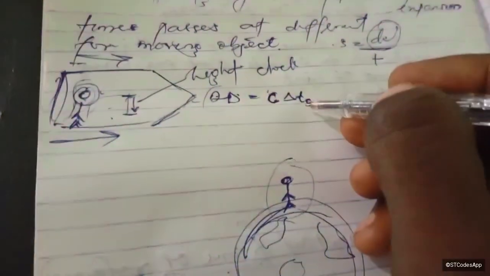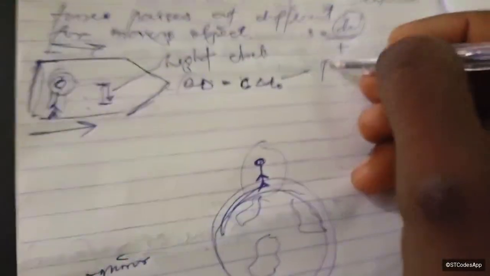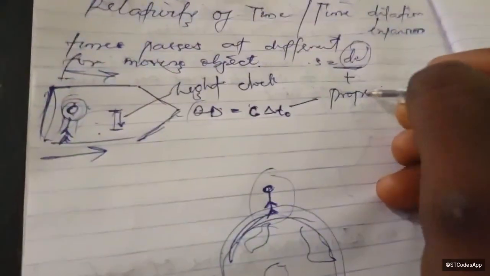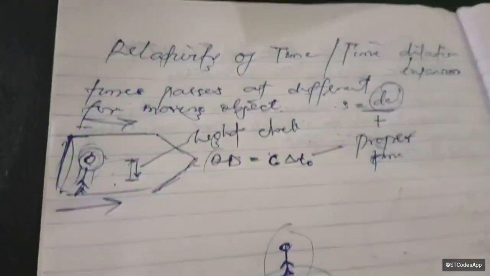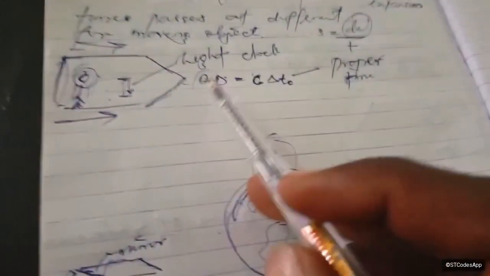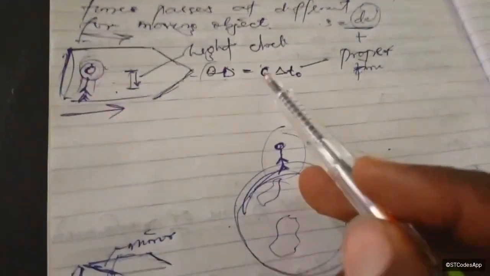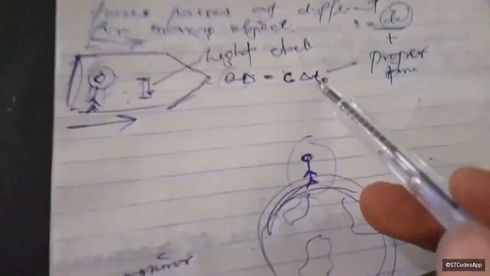Now let's call Δt naught the proper time. We want to measure how this time changes relative to each of the observers. Is that okay? So this first observer is going to see this 2D as C times the change in time, and this time is called the proper time, the normal time.